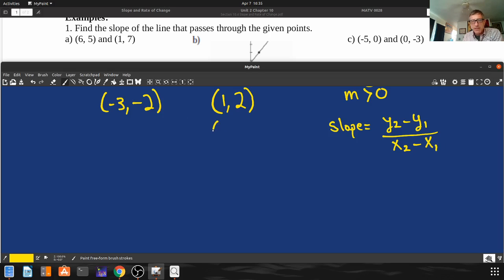And here, just to mix things up, because it does not matter, I'm going to pretend this second one is x1 and y1, which makes this one be x2 and y2. Now, if you write your points down side by side, you can always choose the first one to be x1, y1 and the second one to be x2, y2, but the choice doesn't matter.